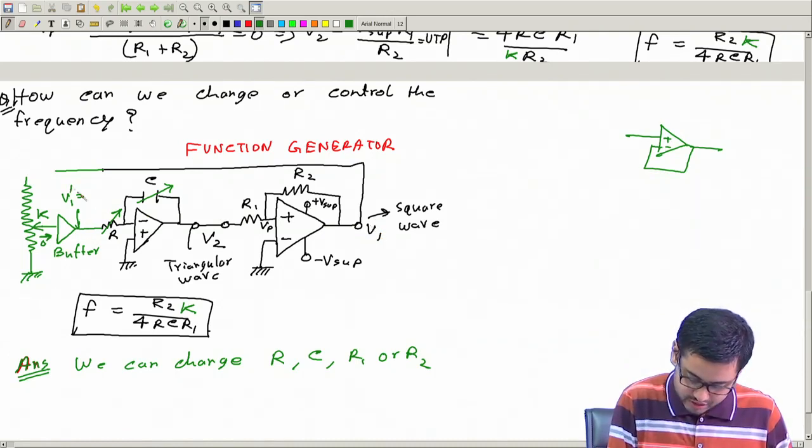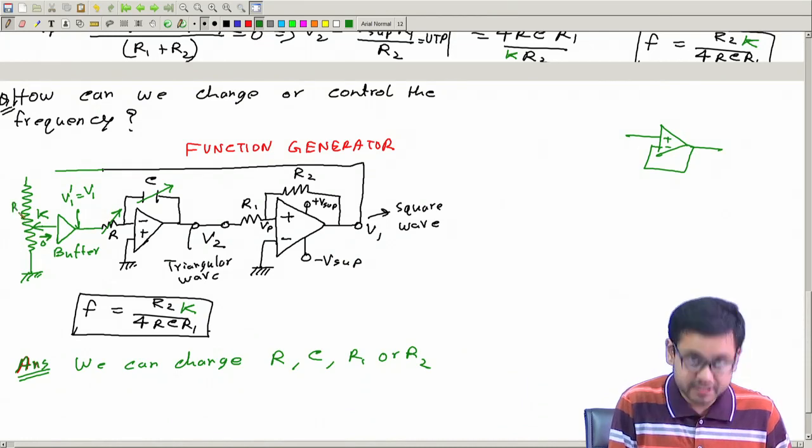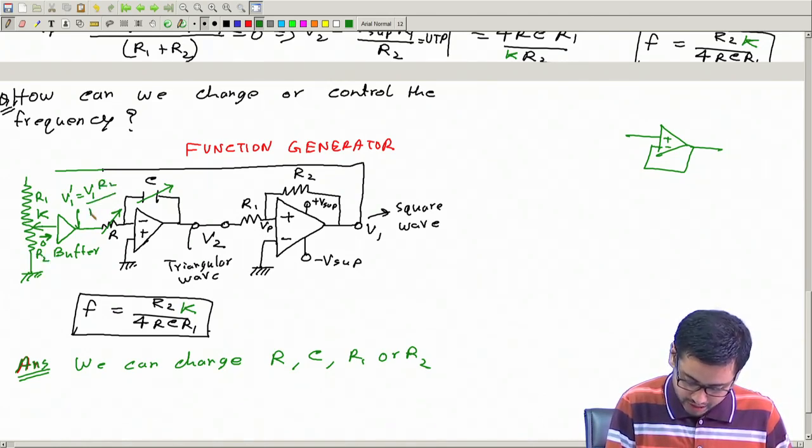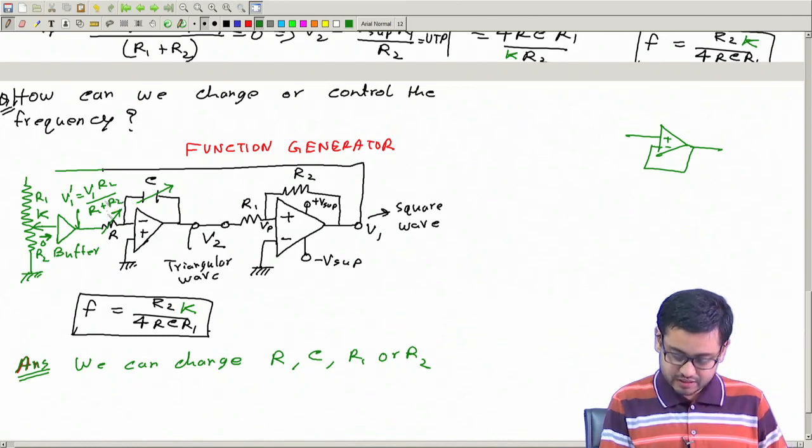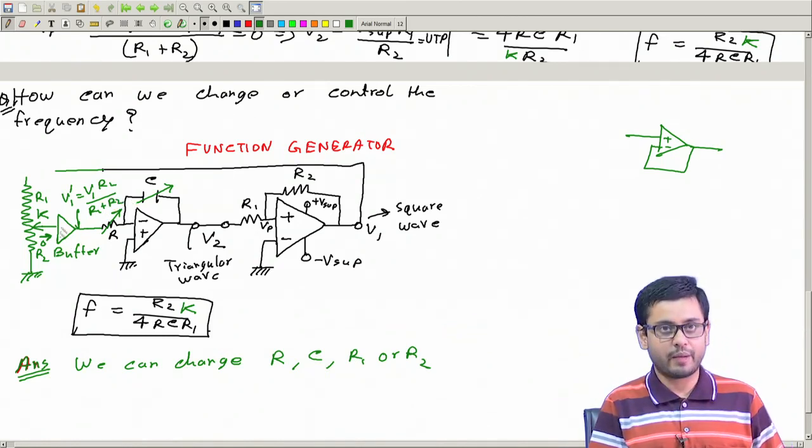So V1 prime is this V1 multiplied by, if this upper part is R1 and this lower part is R2, then this is equal to R2 by R1 plus R2. This equation will be exactly true if I have a buffer here.